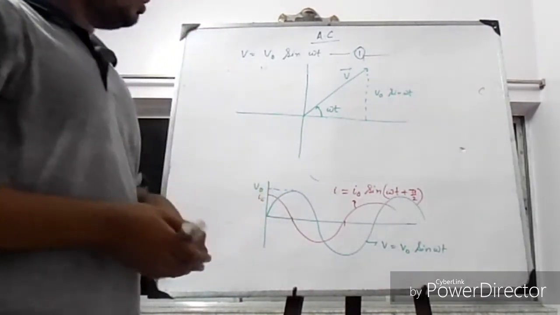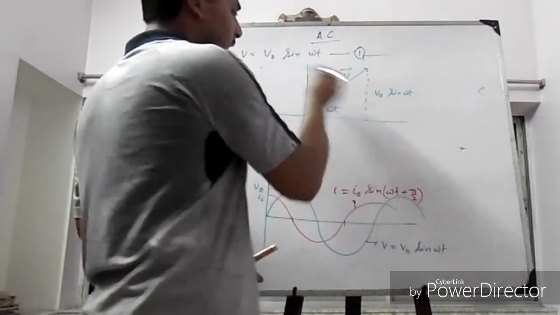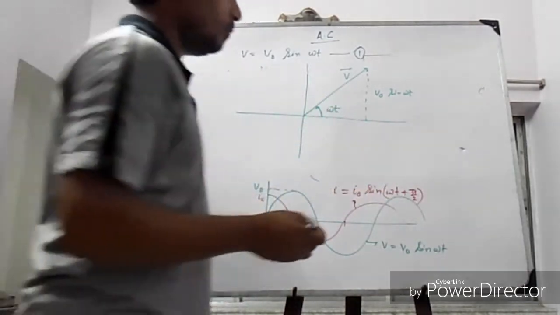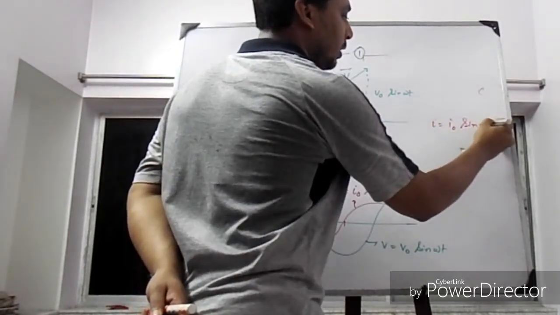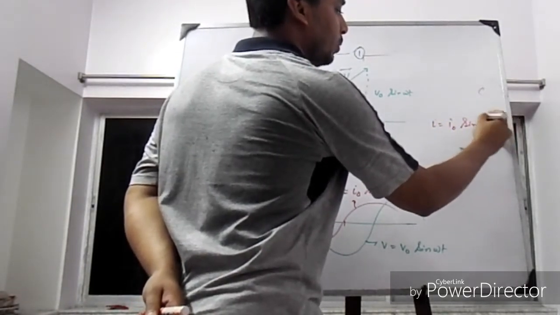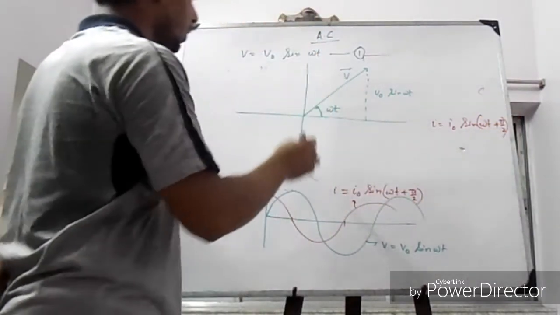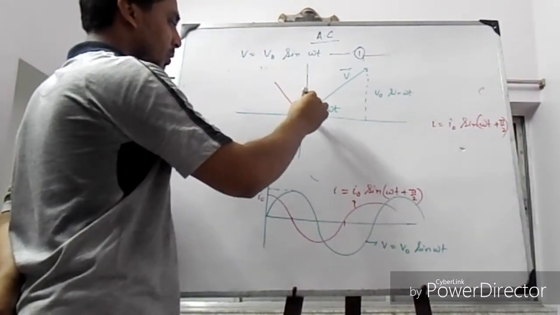Now, current is leading the voltage by a phase angle pi by 2.